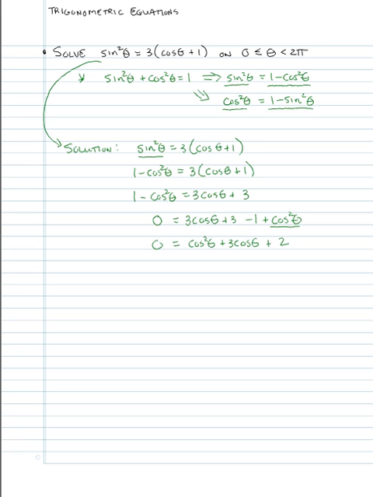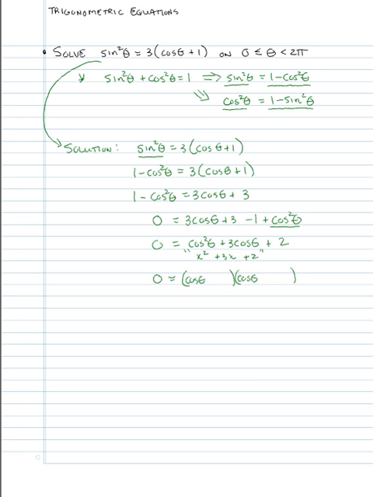And so just to think about this, this is like an x squared plus 3x plus 2 that we ought to be able to factor. So we're factoring, though, not x's, but things that involve cosine. So I'm going to say cosine theta times cosine theta. It's factoring it like we would normally a trinomial.